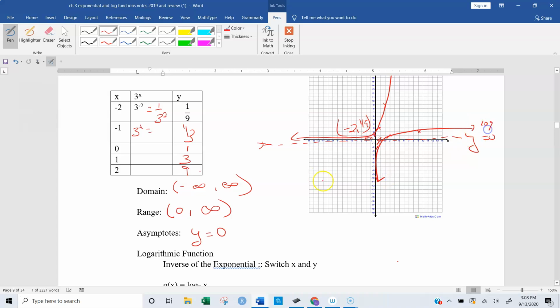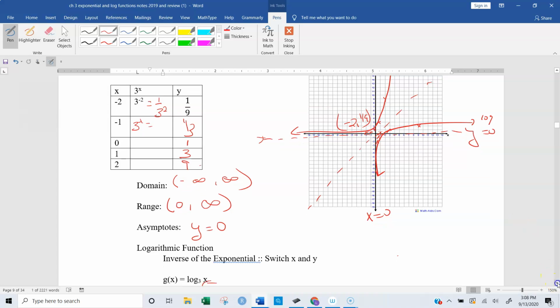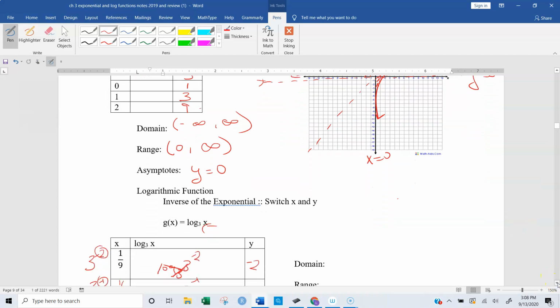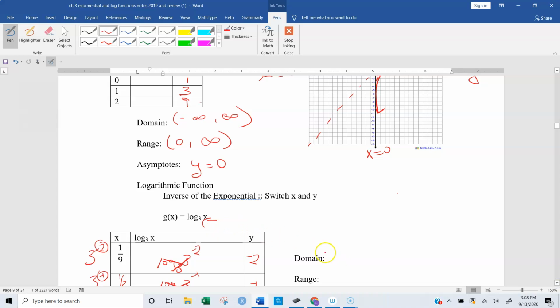This is your log. If you look, it's symmetrical over the y equals x line. And now its asymptote is, I'm sorry, the y-axis, or x equals 0, because it will approach but never touch. So now let's look at what happens to the domain and the range. Well, now the domain of your log function was the range of your exponential function, because it goes from 0 to infinity.